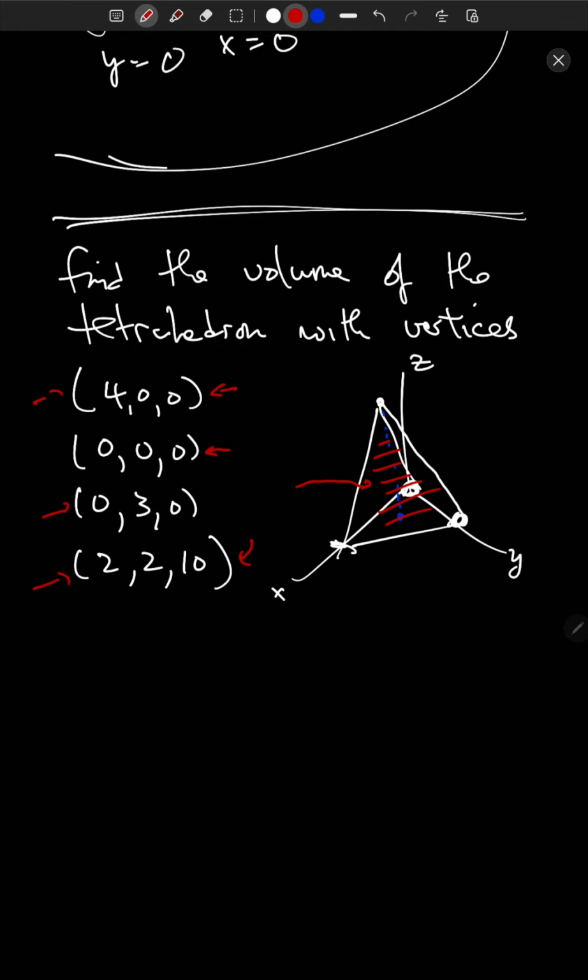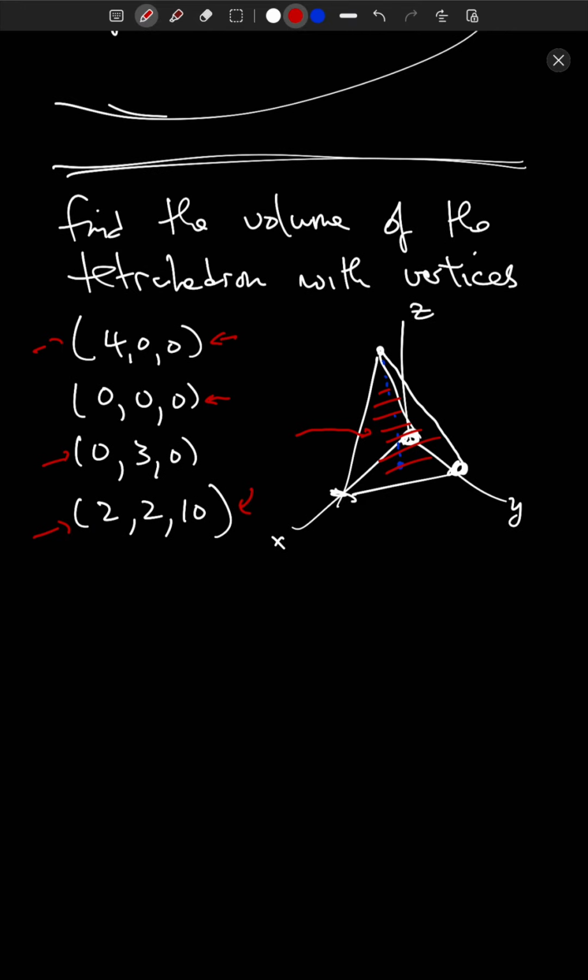Okay, so this is a good problem to think about to see if you can set it up, because it is kind of a combo of a lot of the examples that we've seen, and it's going to be a little bit of a mess. But it's a good exercise because you have to figure out what the equation of each of these panels is, just from having only points.